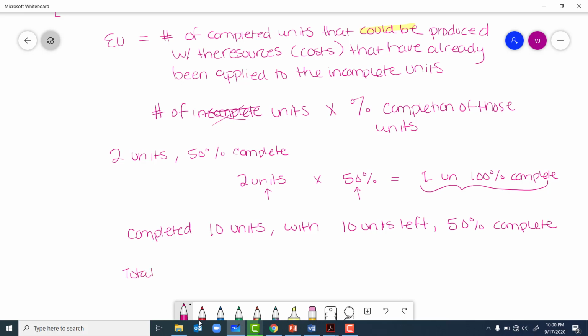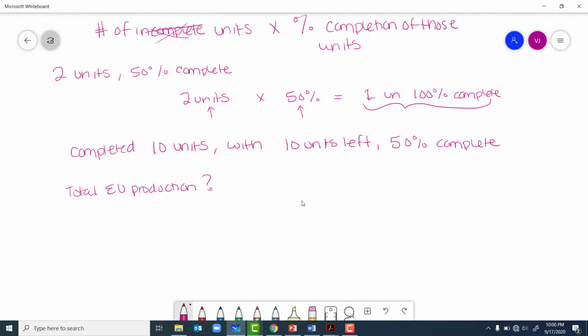How would we find the total equivalent units of production? Well, we can apply that same calculation to the 10 units that are complete. If the 10 units are complete, what's their percentage completion if they're complete? 100%. 10 units that are 100% complete, the equivalent units in that situation is still 10 units. And this would be the units that are transferred out of the department because they're complete.